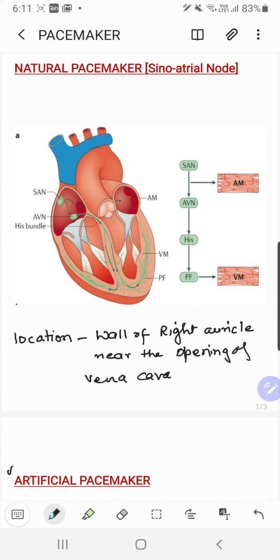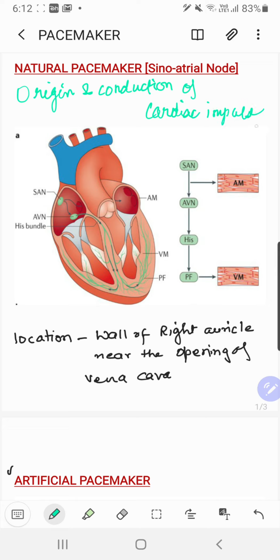Let me choose some other color pen so that I can explain better. You see that here various points are labeled on the basis of origin and conduction of cardiac impulse.